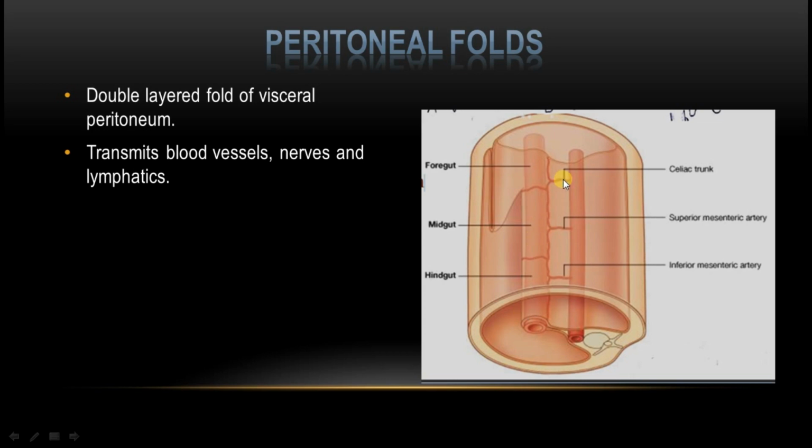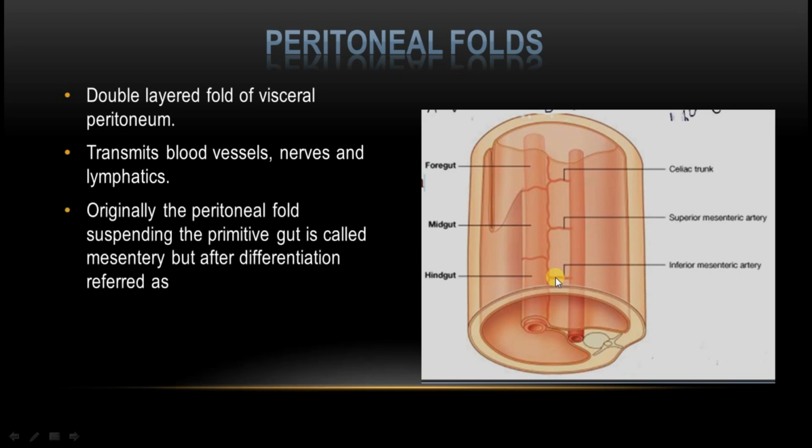Naturally, the artery of the foregut is the celiac trunk, of the midgut the superior mesenteric, and the inferior mesenteric artery is the artery of the hindgut. Mainly these folds transmit blood vessels. Along with the blood vessels, nerves and lymphatics are also seen through these folds.